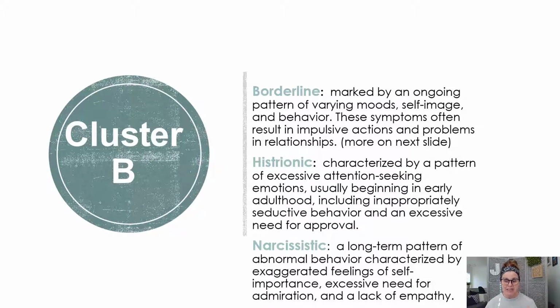But the key with personality disorders is these are characterized by observing behavior over a long period of time. A narcissist's behavior, we're going to see it in exaggerated feelings of self-importance. And they have an excessive need for admiration, and they have very little empathy towards others. Do we know people like that? Yes, but we need to see this in a long-term pattern.